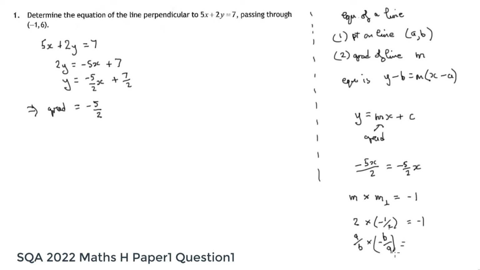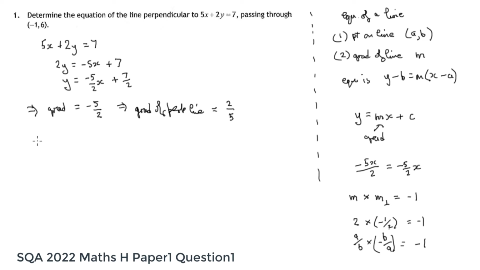If you multiply these two together, the a's cancel, the b's cancel, and we get -1. So we invert and change the sign. That would imply that the gradient of a perpendicular line would be 2/5. We've inverted it and changed the sign from negative to positive.